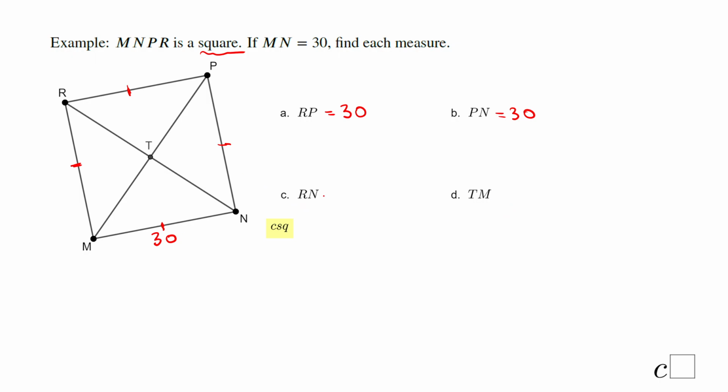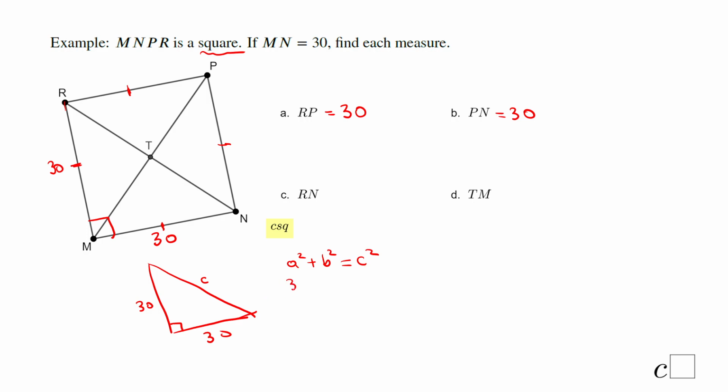Okay, so let's take a look at RN. Now, remember, this is 30, and we're going to use pretty much the same technique. So this is a right triangle, this big triangle. This is 30 and this is 30. We see that in the picture, and we need to find this C. So again, we can use the Pythagorean theorem, and if you learned about special triangles, then you can use that also.